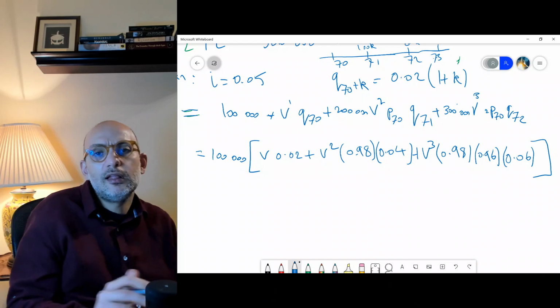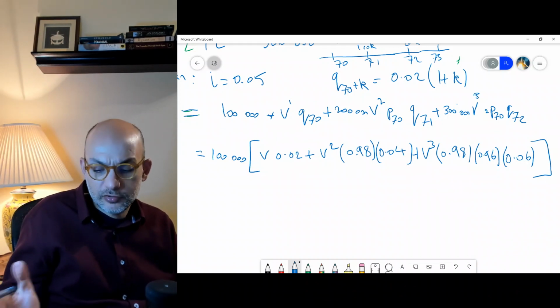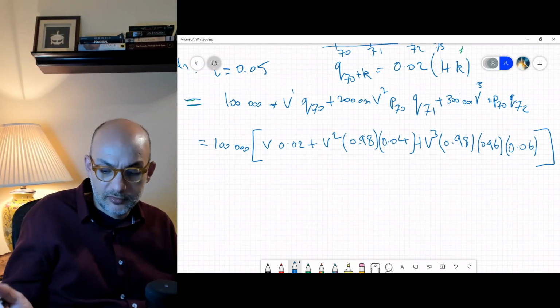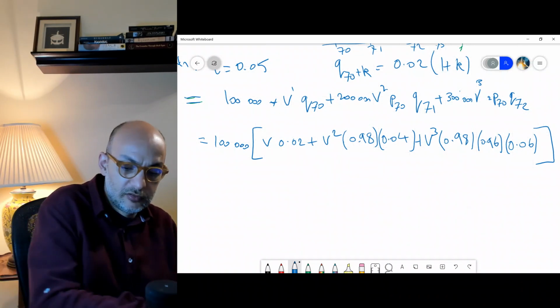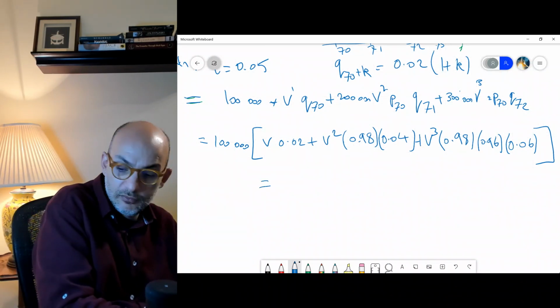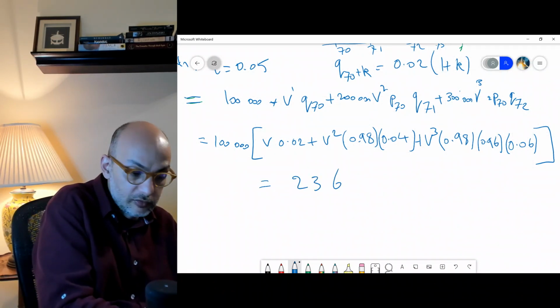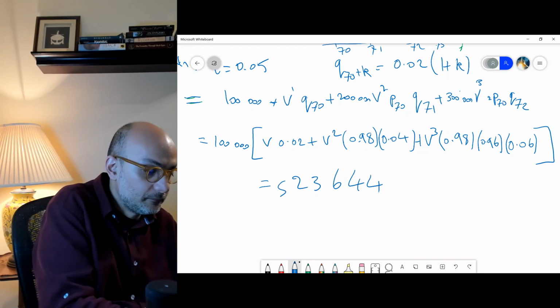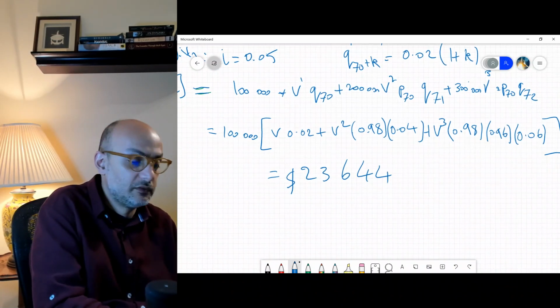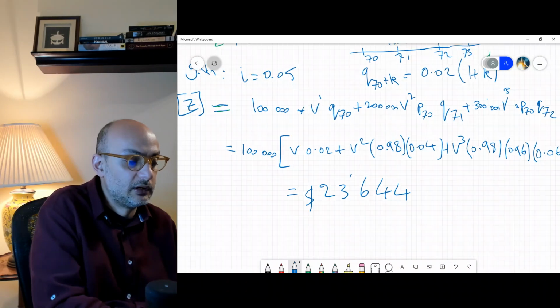So really we didn't need to use IA; we solved it right away with the same logic. If you calculate this, it will give you 23,644. This is the value of this special insurance.